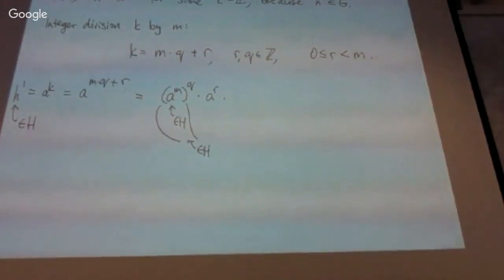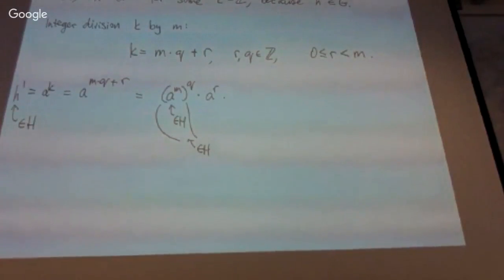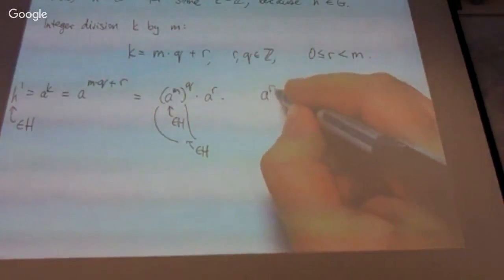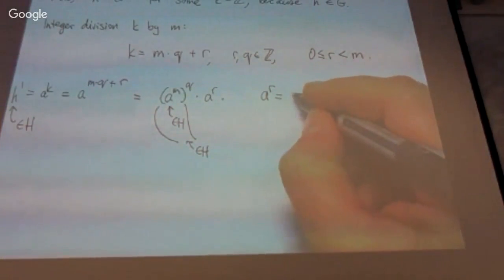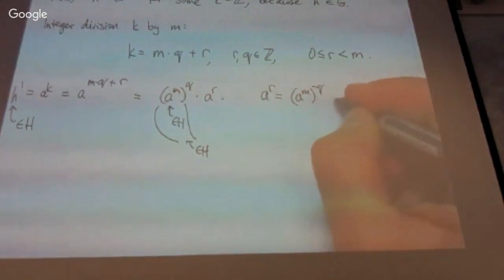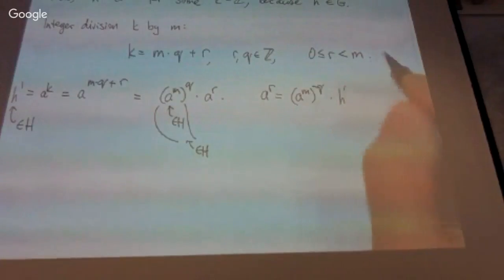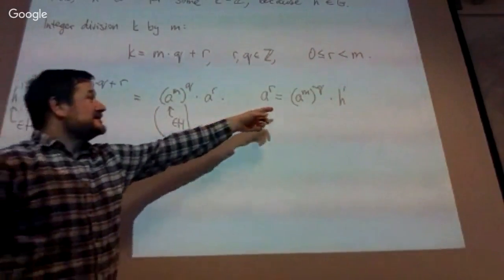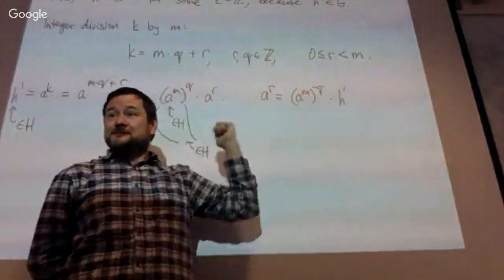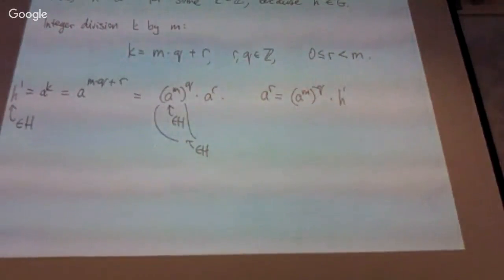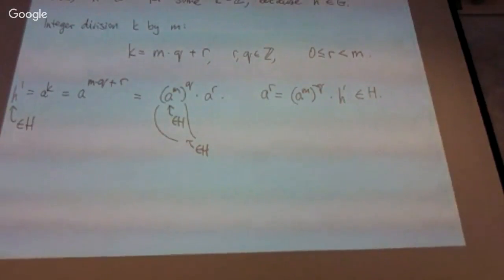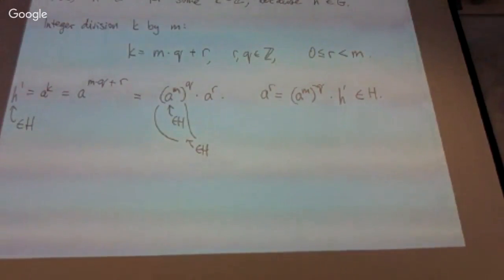Therefore, a to the r is also in the subgroup, because a to the r is a to the m to the minus q times h dash. So this is the inverse of something in H. This is in H, so the product also has to be in H. Okay.